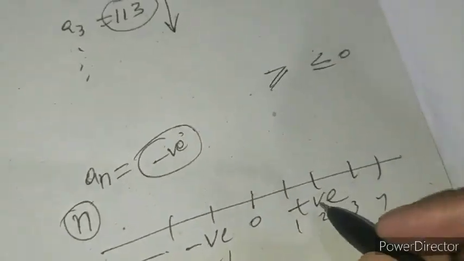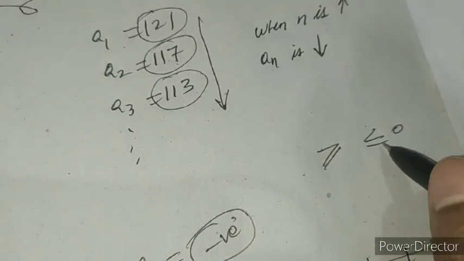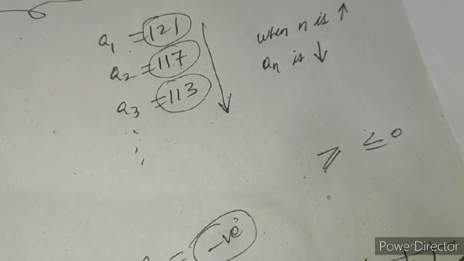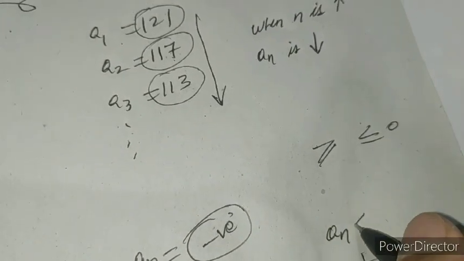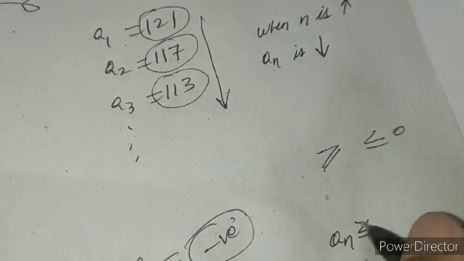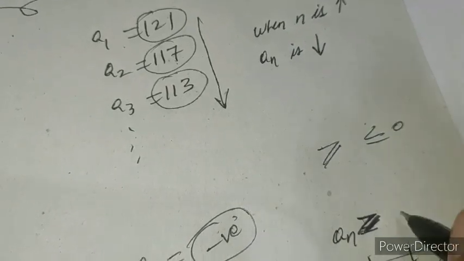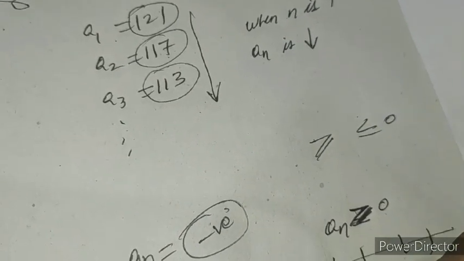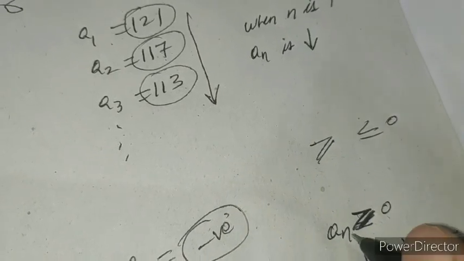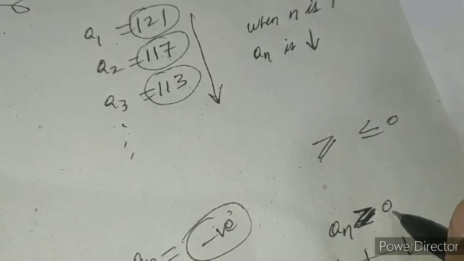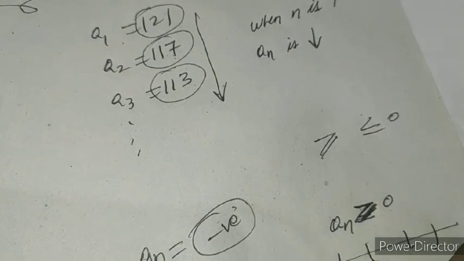An greater than or equal to 0 means the positive terms with 0: the numbers start from 0, 1, 2, 3, 4, 5.